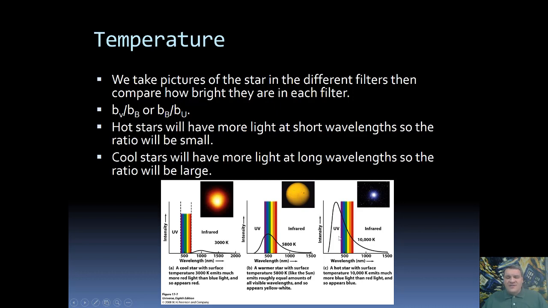So this star is going to be brighter in ultraviolet than it is in blue light. When we form the ratio, we get a number, and only a star at 10,000 Kelvin is going to have that exact ratio. In other words, we can simplify this process by simply taking pictures using colored filters.